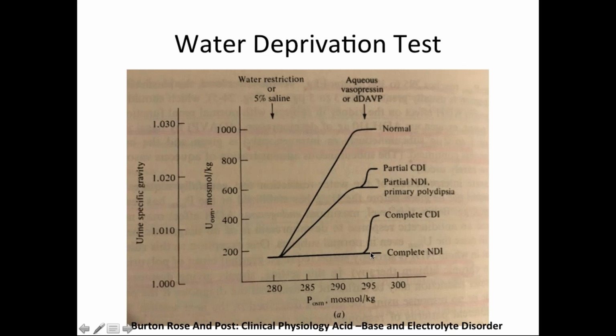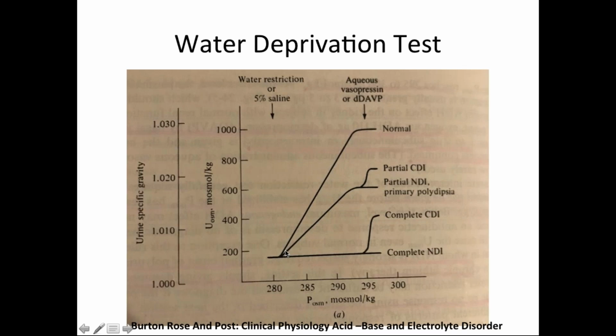And those with complete nephrogenic diabetes insipidus will not respond. In comparison, those who are normal will have a steady rise in their urine osmolarity as the plasma osmolarity increases, and will get at least above 600 or usually above 800 milliosms when they get water restricted.